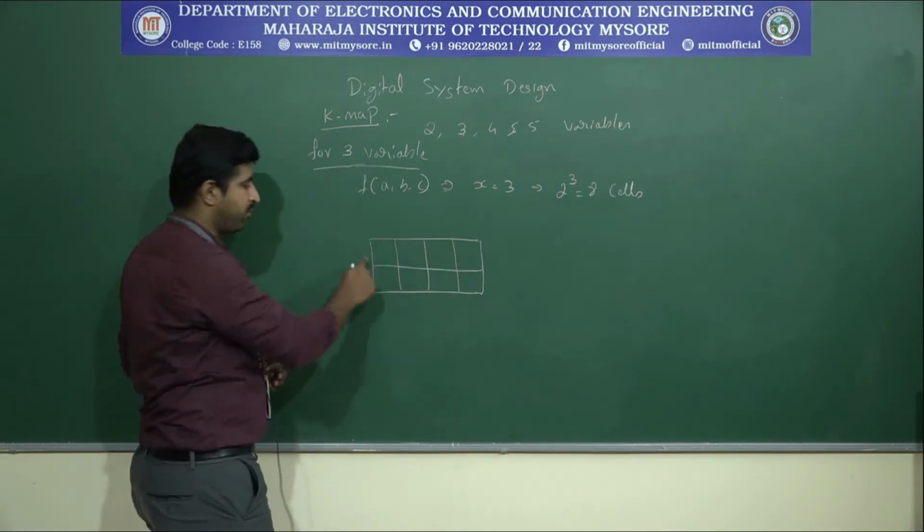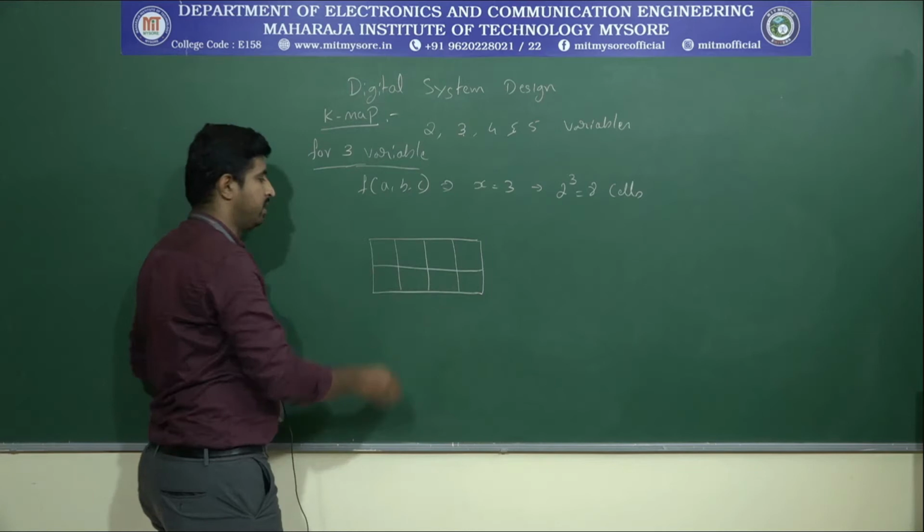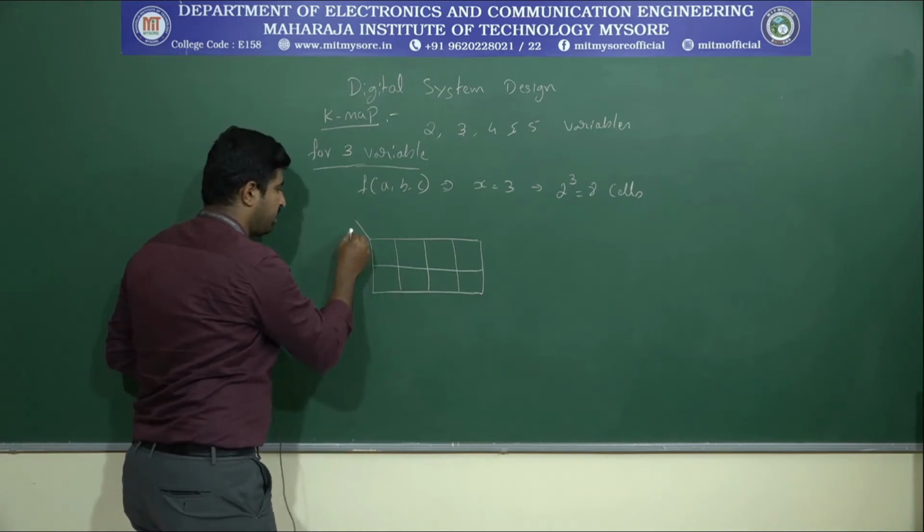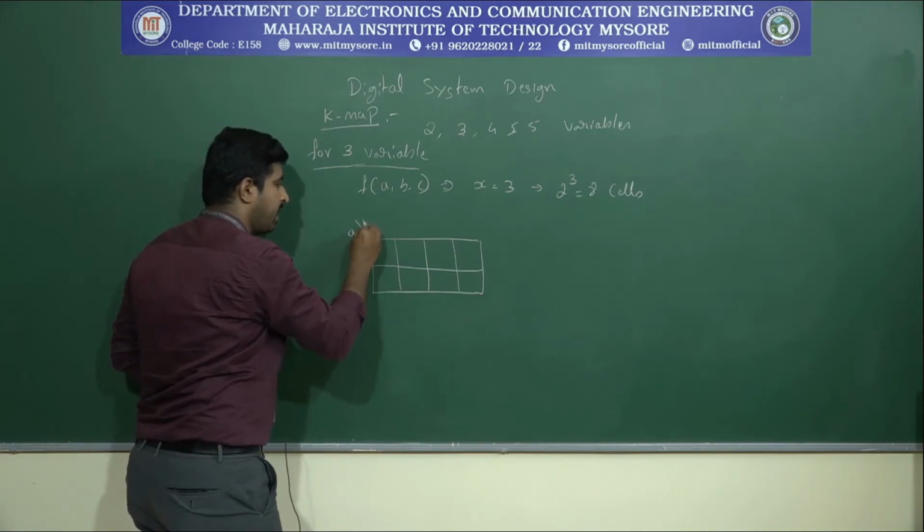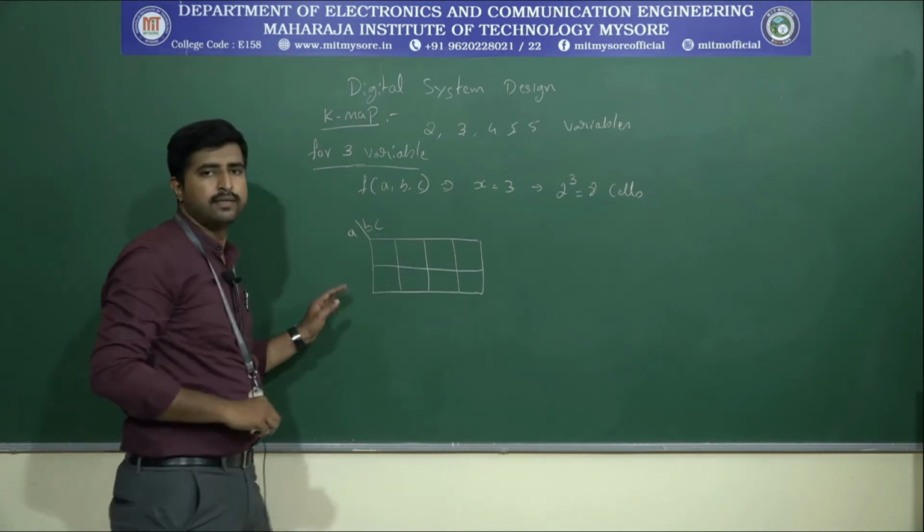So these 8 cells will be there. Here I am going to write A, and B, C here.